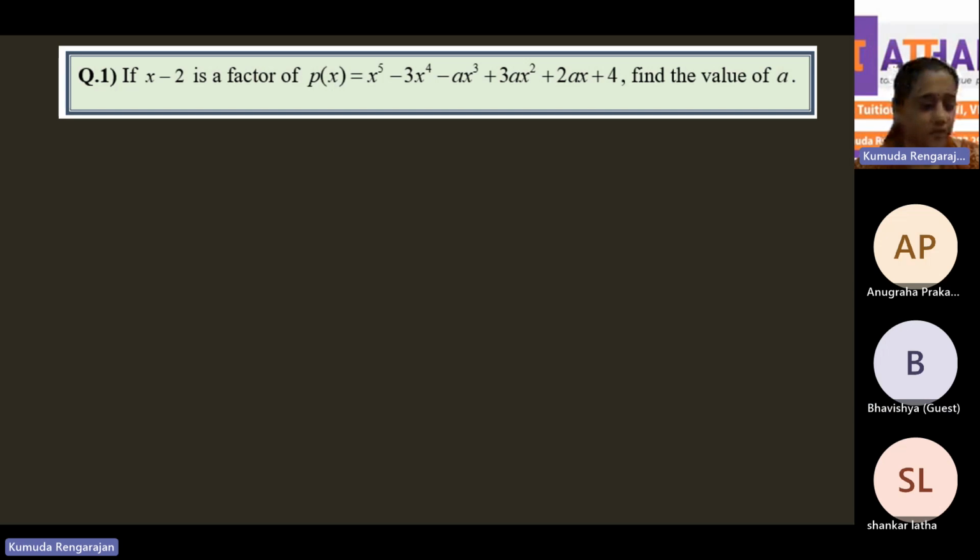Then, what's the value of A? -3. No. Check your mistake. It's not -3.